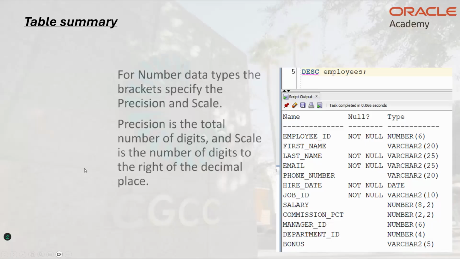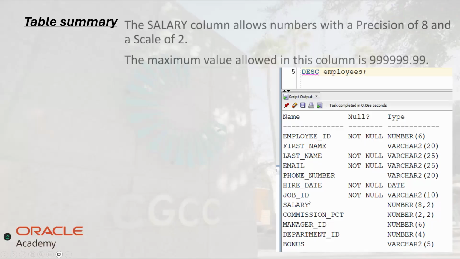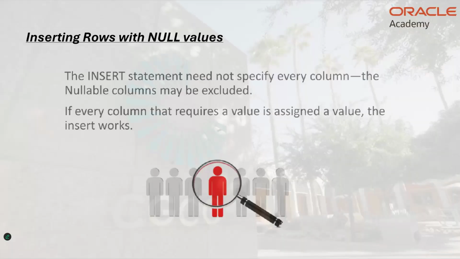And also, there are some limitations here, some boundaries, like the number of characters, the size of the number, et cetera. You need to be aware of that as well. So the describe statement is very, very important. To keep your data exact and precise, you always want to consider how the columns are constructed.